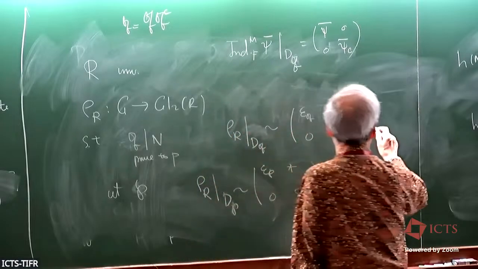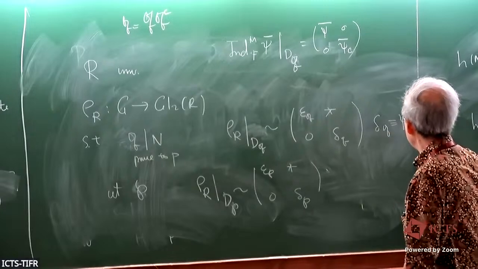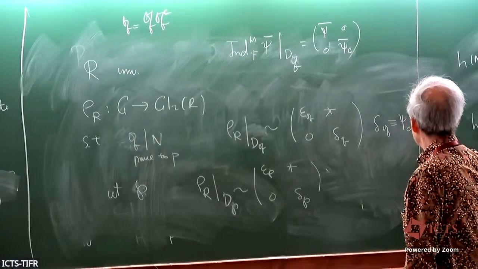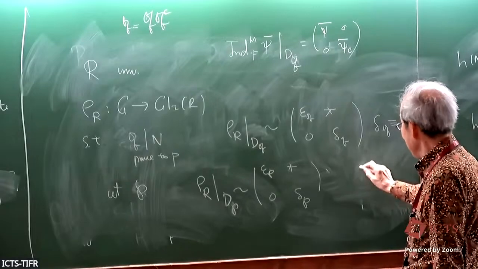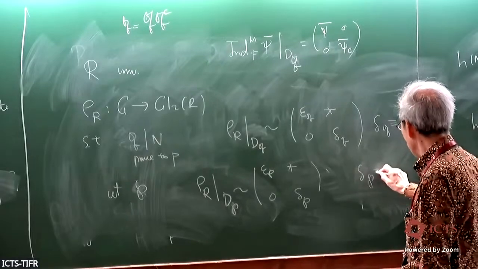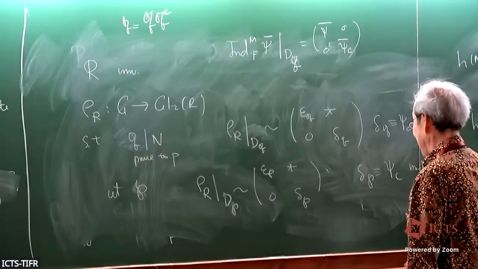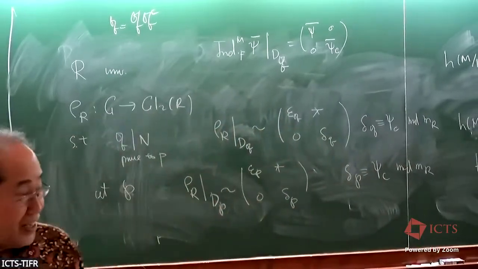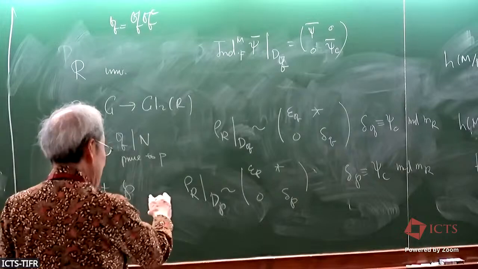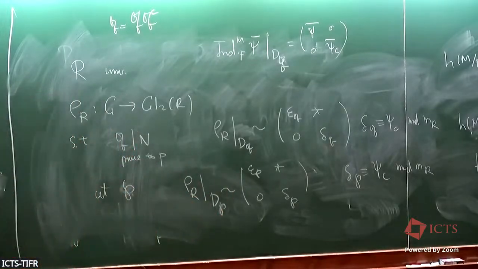And I forgot the condition delta_Q is congruent to psi C mod the maximal ideal of R. This is delta_P congruent to psi C modulo maximal. And this is the condition of Weil's. This I have to impose. It's not automatic because ramification goes over everywhere above.